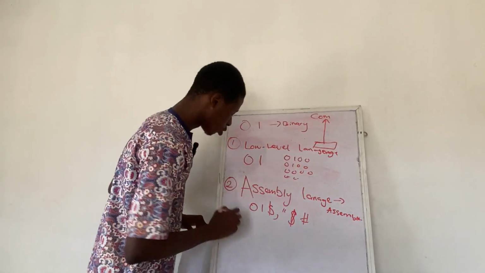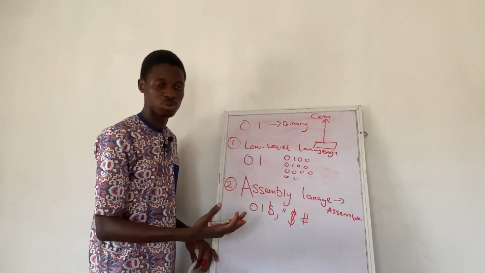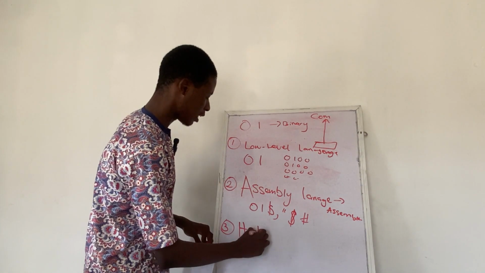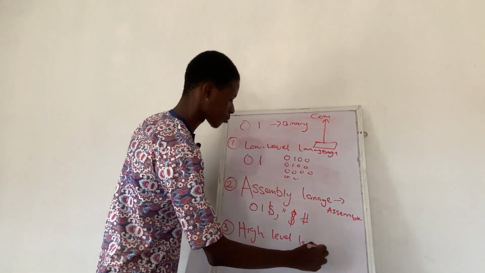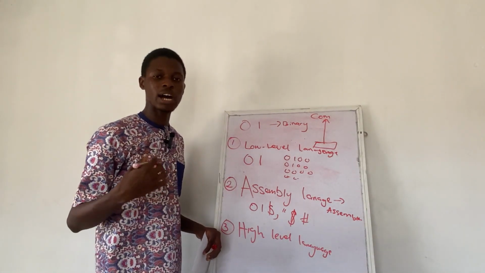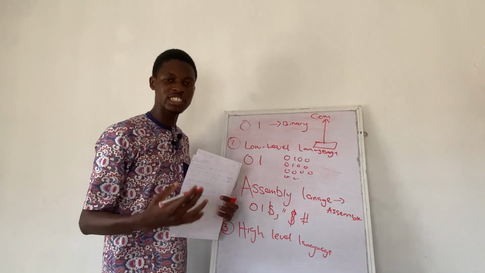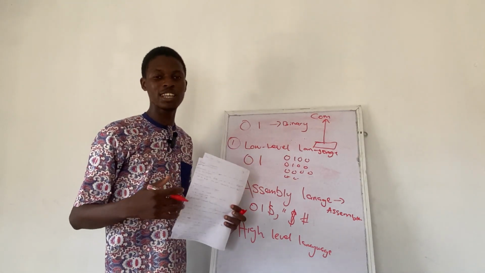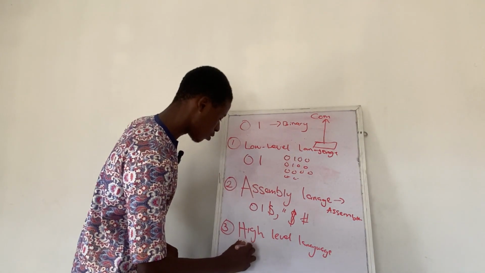Good. So there are a lot of problems with this, and it's not very easy to write. That's what led to the high level language. One thing you need to understand about high level language is that you communicate with the computer mostly in English, like hello.